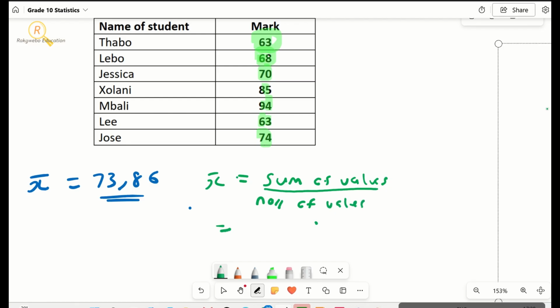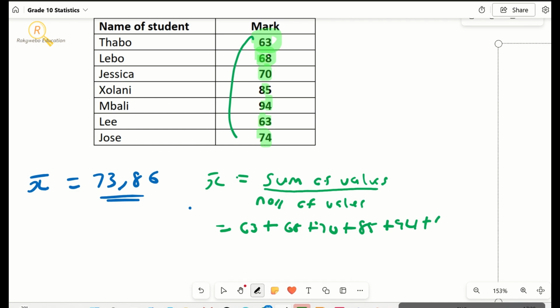The sum of values, we just add all of those numbers: 63, 68, 70, 85, 94, 63, 74, ne? All over how many values? 1, 2, 3, 4, 5, 6, 7.